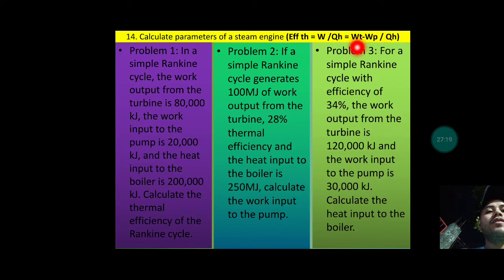So the work of the turbine is 80,000 minus the work of the pump, which is 20,000, divided by QH, the heat input to the boiler, which is 200,000. Using the calculator, your answer will be the answer for number 1. Then we have problems 2 to 3 if you want to practice this formula.